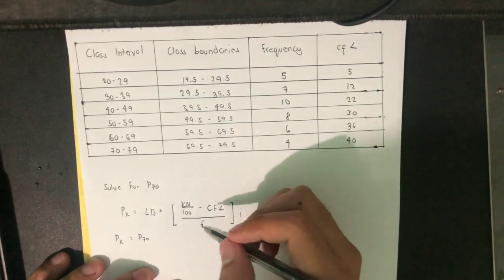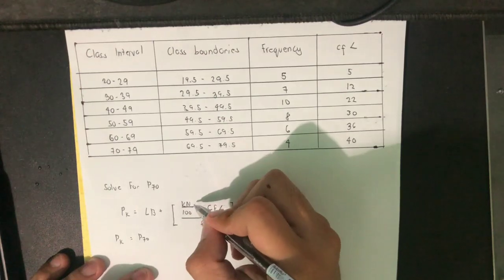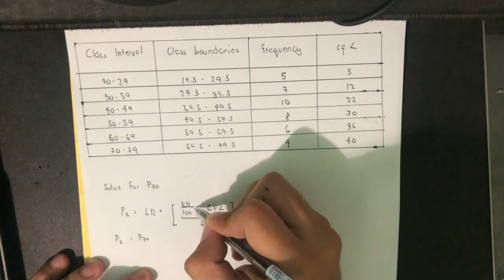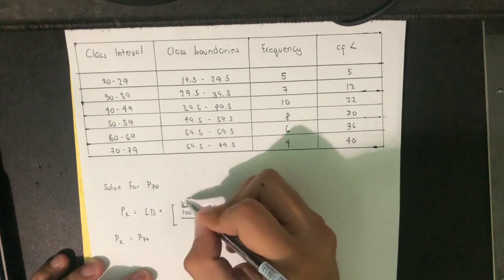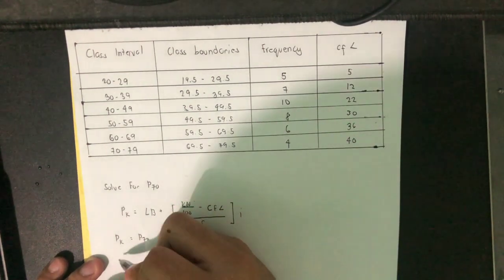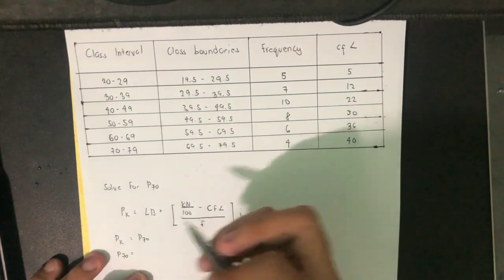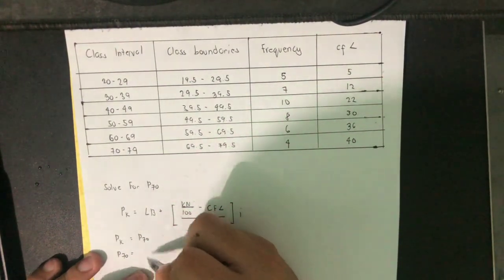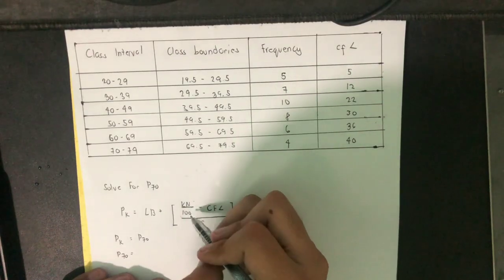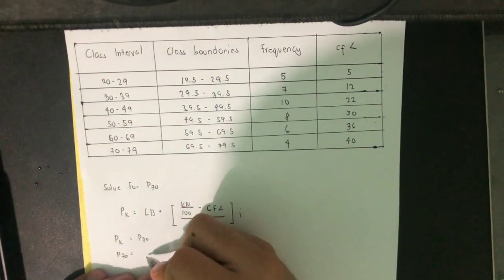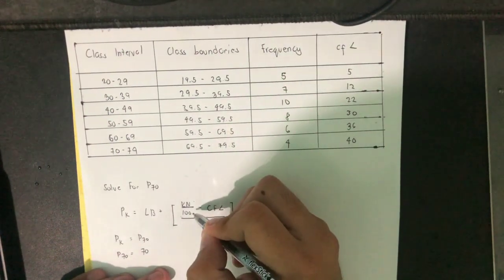Then, the first thing we need to do is find the class row. P70 is equal to, so what is the K? K is 70. So what is our N?